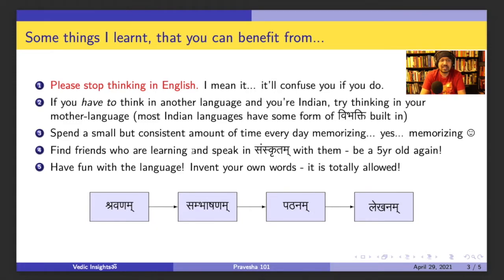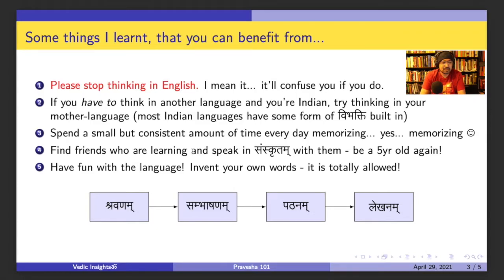My friend immediately said, well, then what do we call a lightsaber in Star Wars? Immediately, a suggestion was made that it can be called Deepadandaha, because it's a light, but that's a stick, as opposed to a stick that is a light. Anyway, so just have fun.